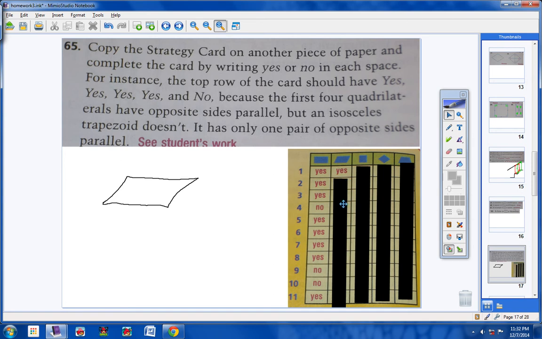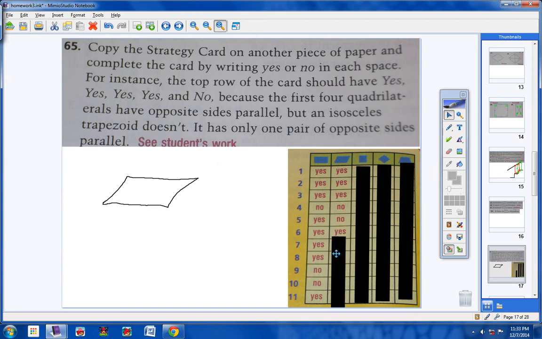Yes, in a parallelogram. Number 3, opposite sides are congruent. Yes, in a parallelogram. Number 4, all sides are congruent. Not necessarily, no. Number 5, has 4 right angles. Not necessarily, no. It can, but we don't know for sure. Number 6, at least one pair of opposite sides is congruent. Yes, that is true. At least one pair is congruent.